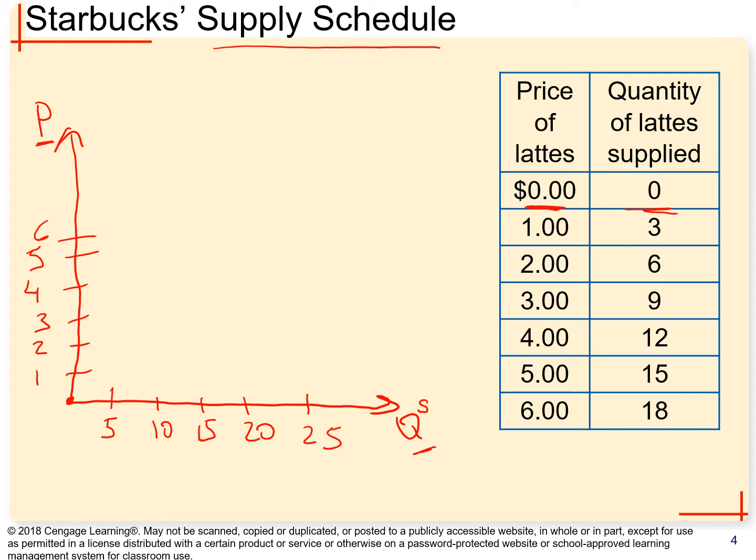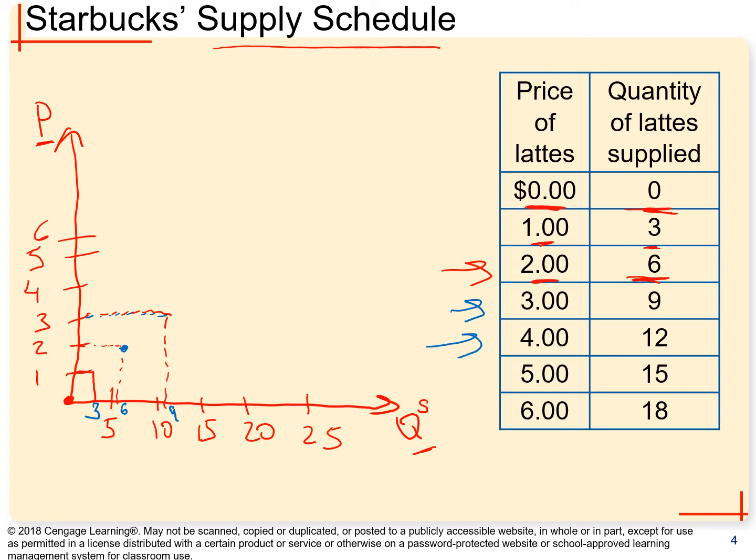So when the price is 0, quantity supplied is equal to 0. When the price is 1, quantity is equal to 3, somewhere over here. When the price is increasing to 2, quantity supplied is 6. We keep going. Price is 3, quantity supplied is equal to 9.